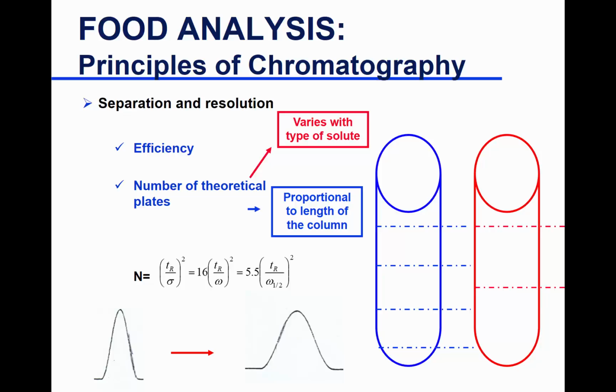So it is inversely proportional to the width of your peak, and also it is directly proportional to the retention time. So the longer the retention time, the higher is the number of plates. The shorter the retention time, that means it's not retaining long enough on the column.